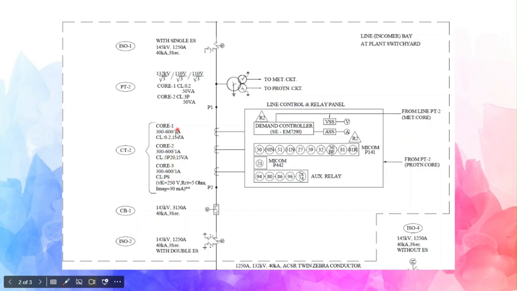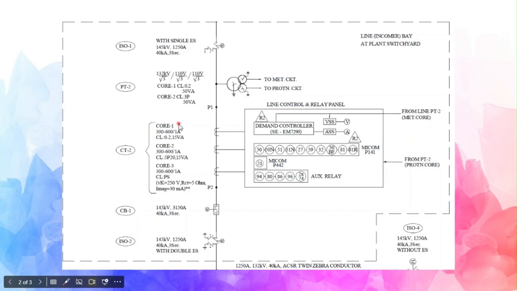Now core 1, the current rating is 300 to 600 by 1. Core 2 current rating is 300 to 600 by 1. Secondary is 1 ampere, and core 3 again 300 to 600 by 1. There are tappings available. You can use 300 ampere setting, or you can use the 600 ampere setting.